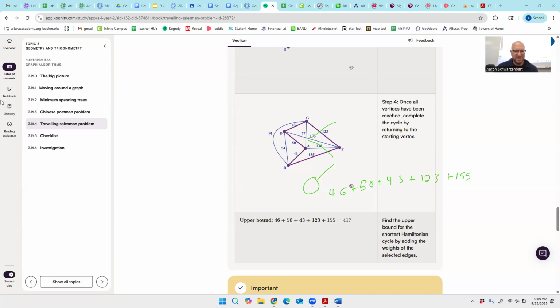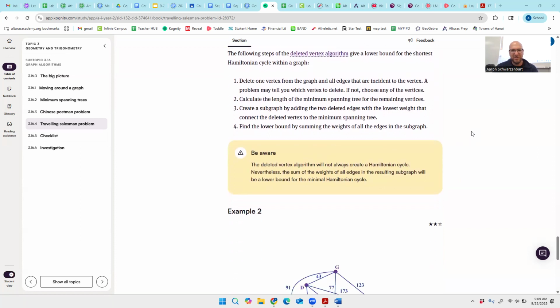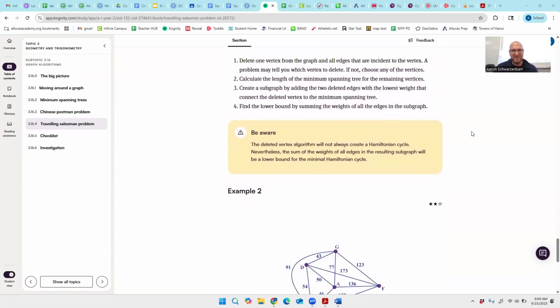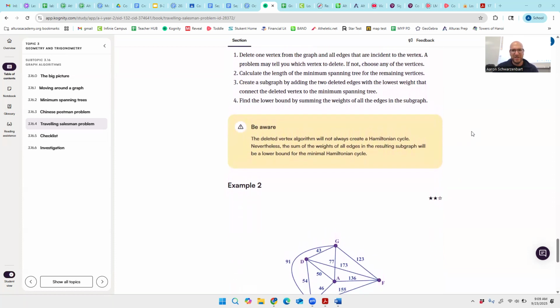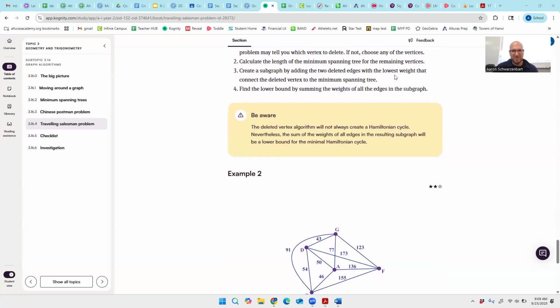The deleted vertex algorithm: delete one vertex from the graph and all the edges incident. Calculate the length of the minimum spanning tree for the remaining vertices. Create a subgraph by adding the two deleted edges with the lowest weight connected to the deleted vertex to the minimum spanning tree.